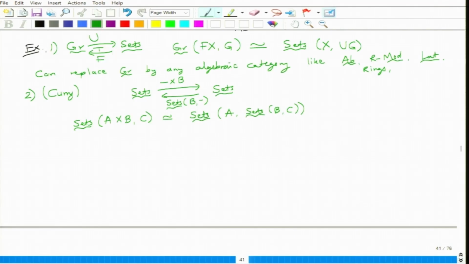This is a standard currying-uncurrying bijection in set theory, and this is actually a special instance of an adjunction.